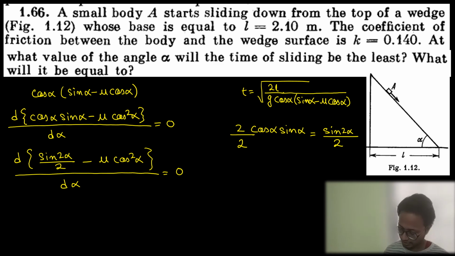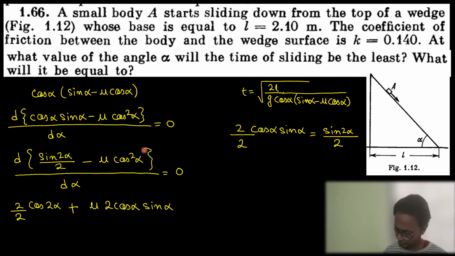When I differentiate this entire equation, what comes out? Differentiation of sin 2 alpha is cos 2 alpha into 2 divided by 2, minus differentiation of this term, which is mu into 2 cos alpha into minus sin alpha, which is minus 2 cos alpha sin alpha, which should be equal to 0.